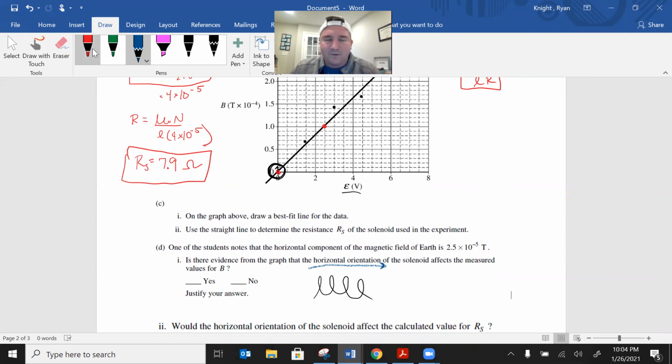So if our magnetic field that we're measuring is being created this way, is the Earth's magnetic field, which is everywhere, affecting our measured value for the magnetic field inside? It could either be too high because the Earth's magnetic field is pointing parallel with it, or it could be too low because the Earth's magnetic field is pointing away from it. So is that having an effect?